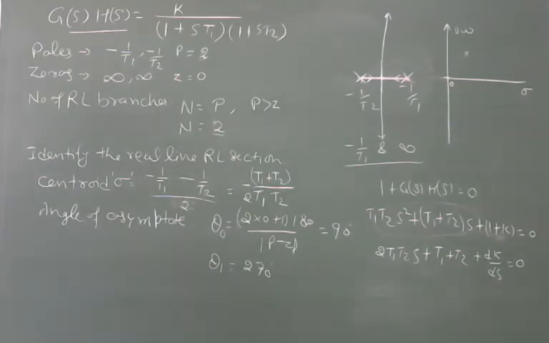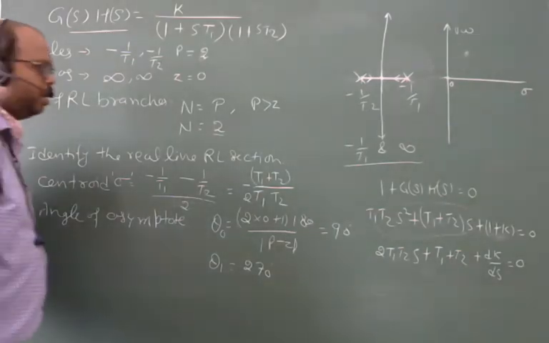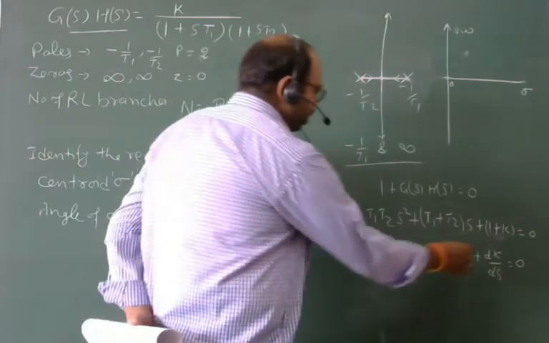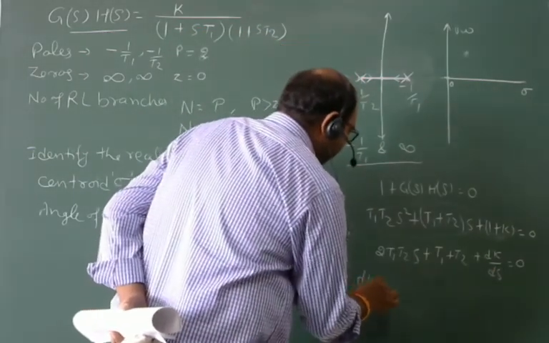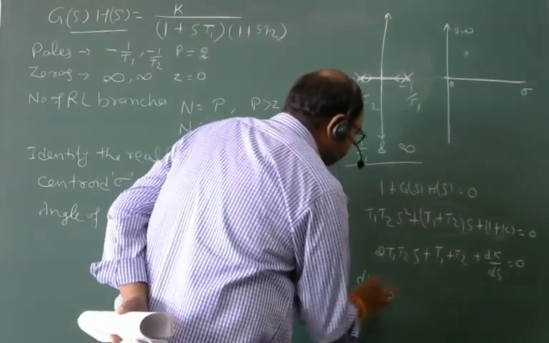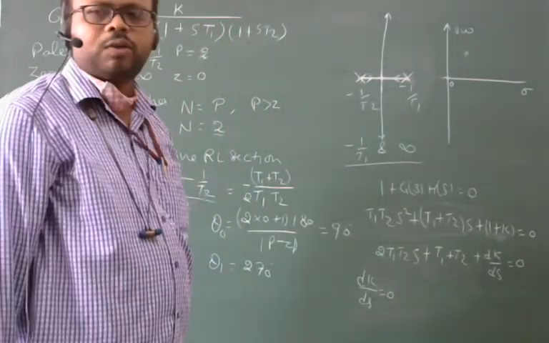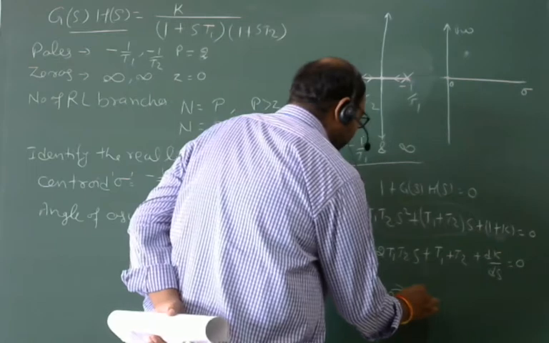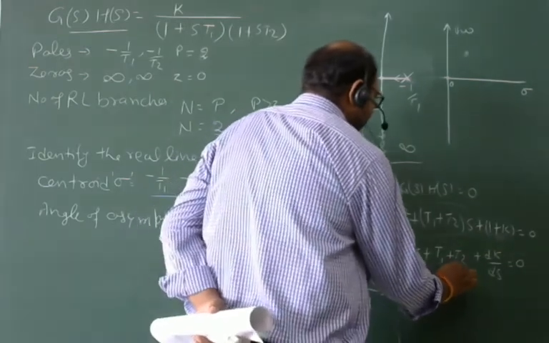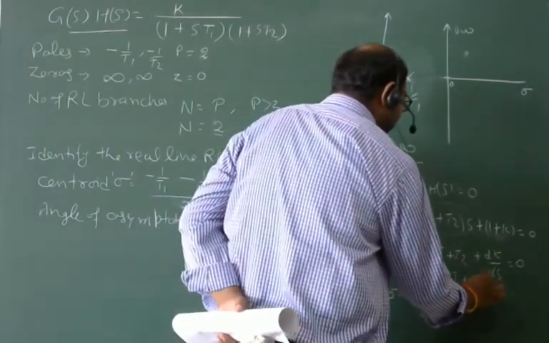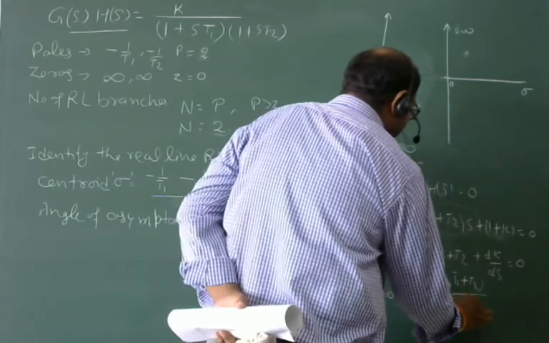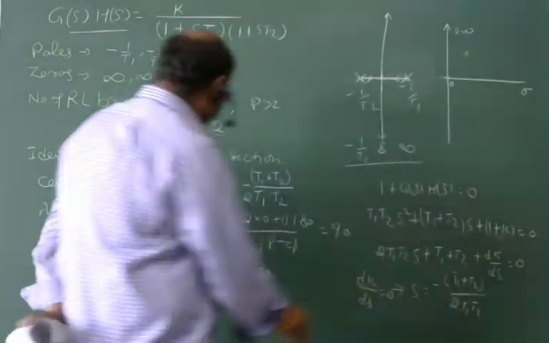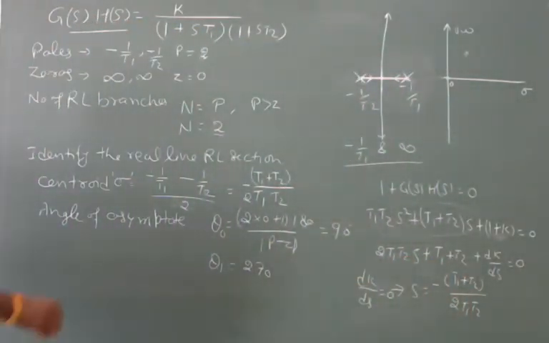And if I put dk by ds is equal to 0, then what will be the value of s? Minus T1 plus T2 divided by 2 T1 T2, and look at the value of centroid.